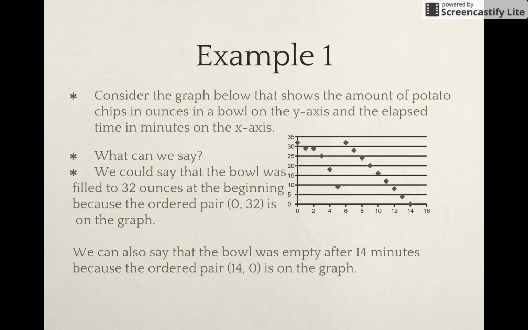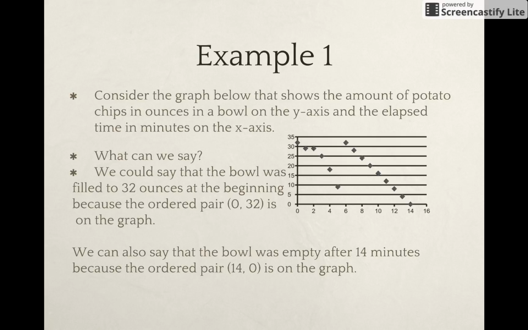Here's an example. This graph shows the amount of potato chips given in ounces on the y-axis and the time elapsed in minutes on the x-axis. So what can we say? We look at the ordered pair (0, 32), and we can say that the bowl was originally filled to 32 ounces.